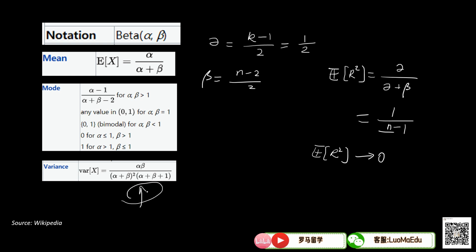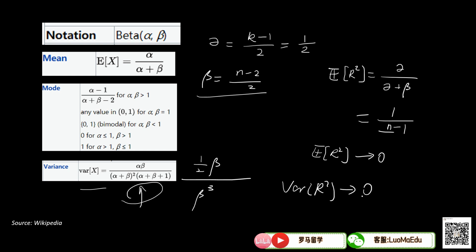Similarly to the expected value of R square, if the number of observations is very large, because the numerator is around 1/2 of beta, and your denominator is in the scale of beta cubed, if beta is very large, the variance of R square will also go to 0.